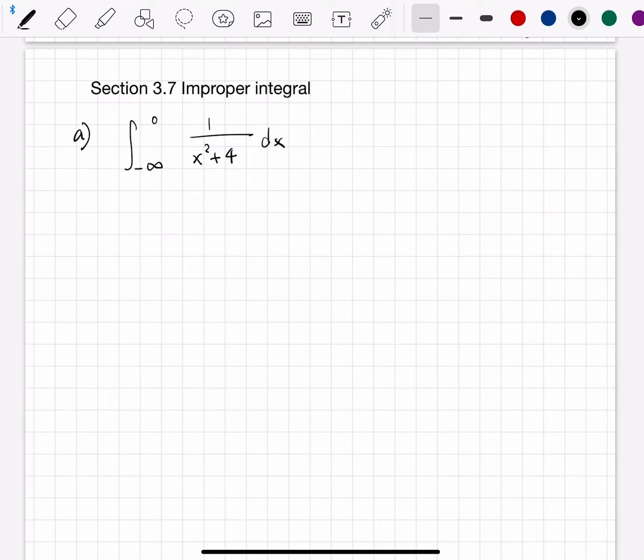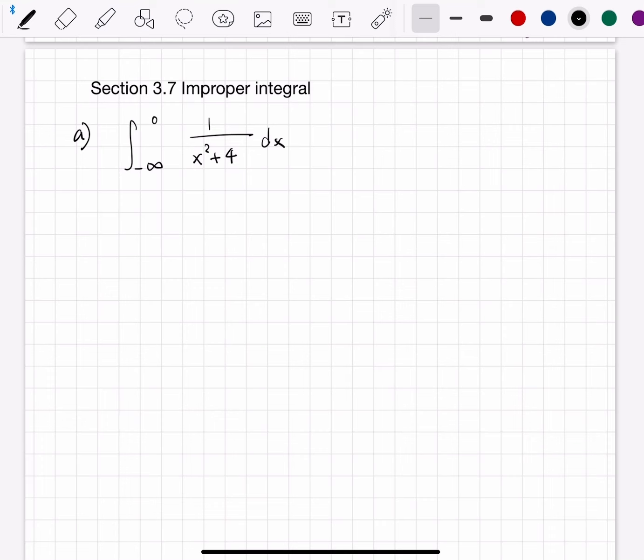If we have a nice number, we say this improper integral is convergent. If we have a positive or negative infinity, then we say it is divergent. So here we're just doing some examples of how to actually evaluate an improper integral.